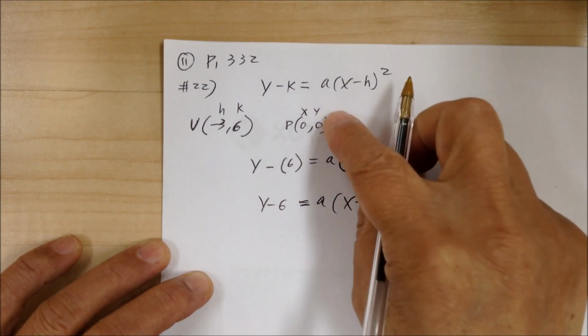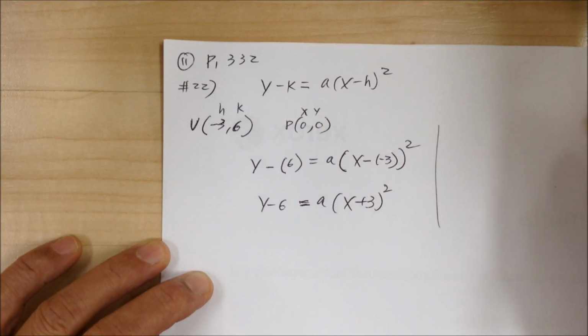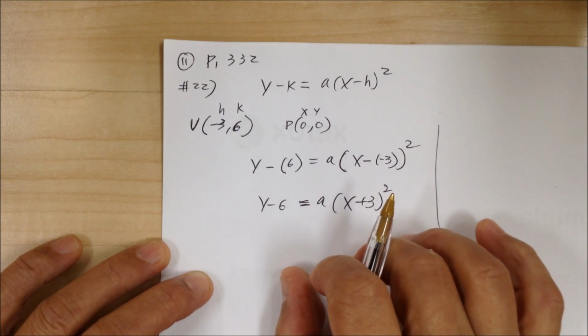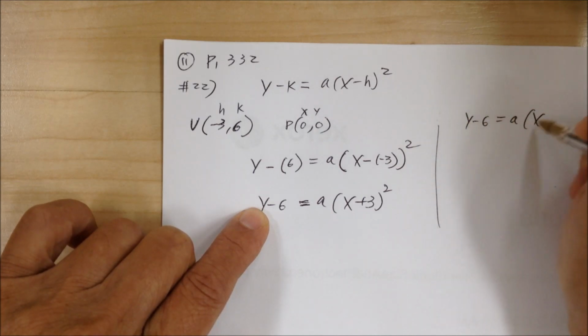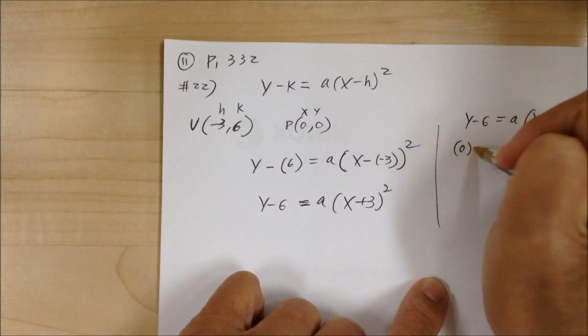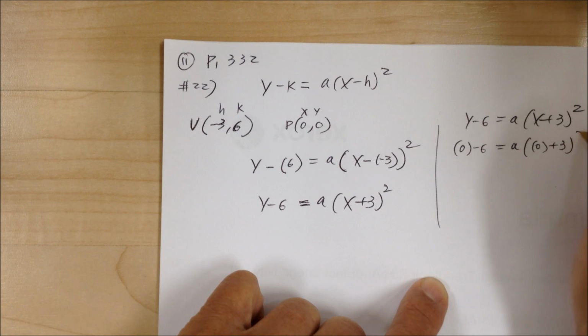Now, you have to use the next information to find a. It's better to go off to the side so you don't clutter up your major steps and lose track of what you're doing. So you got y minus 6 equal to a times (x plus 3) squared. Substitute the point into here. So you're going to get 0 minus 6 equal to a times (0 plus 3) squared.